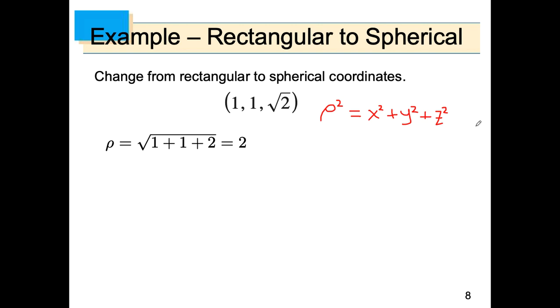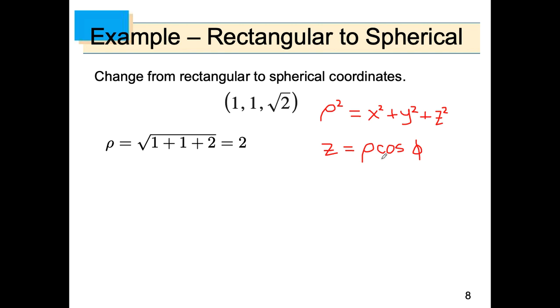Once you have rho established, I would also like to point out the next relationship that I believe will help you in determining the next portion of your spherical coordinates. For me, the next coordinate you should look for is phi. The reason why is that you have this relationship here: z equals rho times cosine of phi.